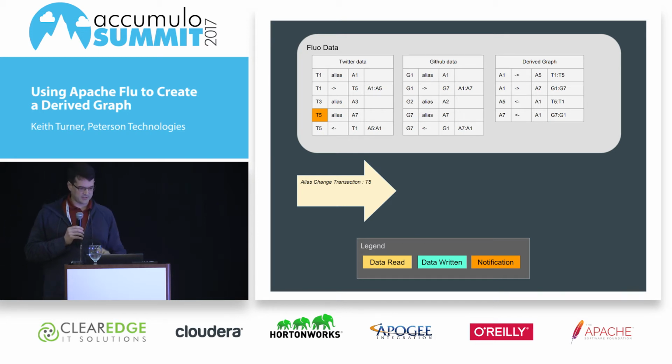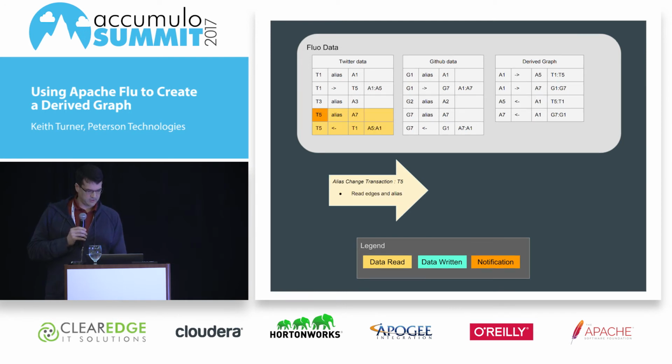That caused this transaction to kick off. The transaction is going to read the current state of T5. It's going to see that its alias is A7 now, and it has this edge, T1 to T5, that seems to be using the alias A5 right now, the old alias. So it's like, I need to fix that.